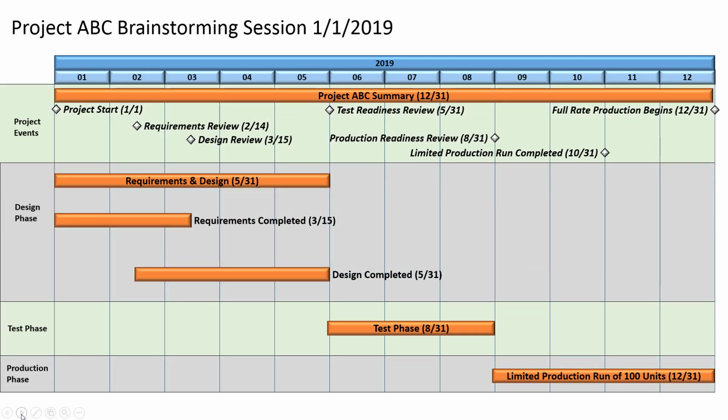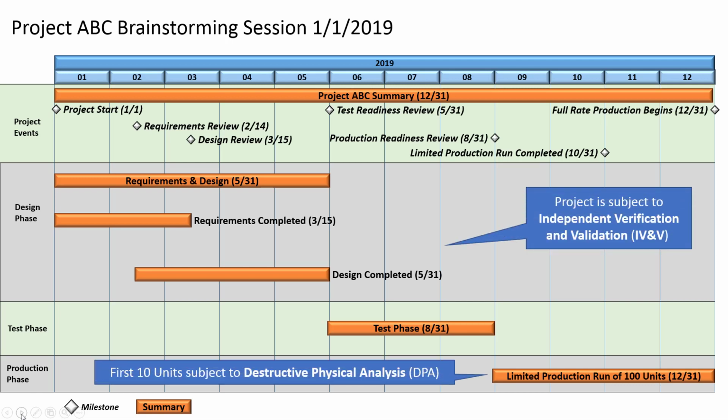Then I'll show you how to use legends on a page to determine or change the color of each legend's respective shape. And finally, I'll show you how to add PowerPoint features to add additional important notes discussed during your brainstorm session.